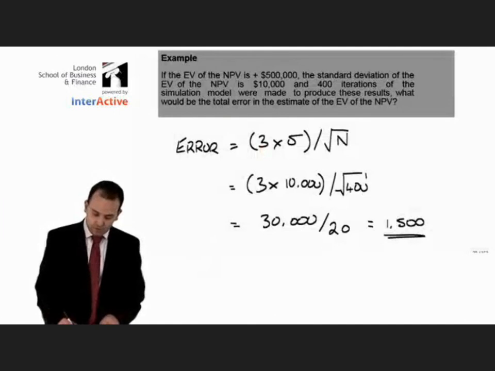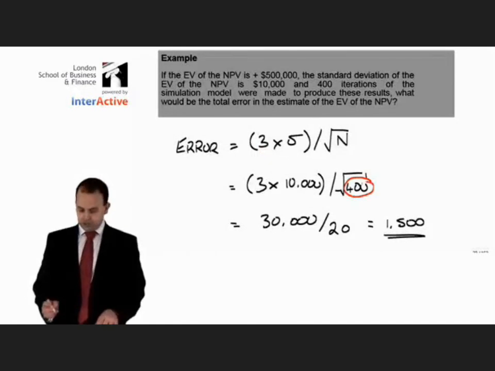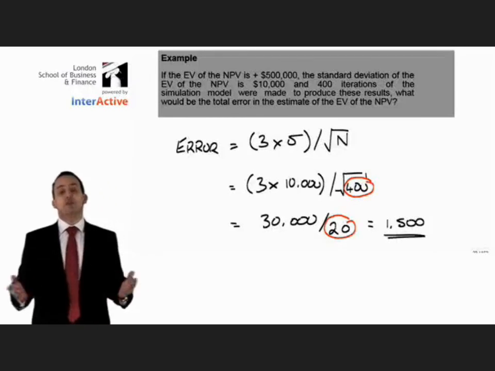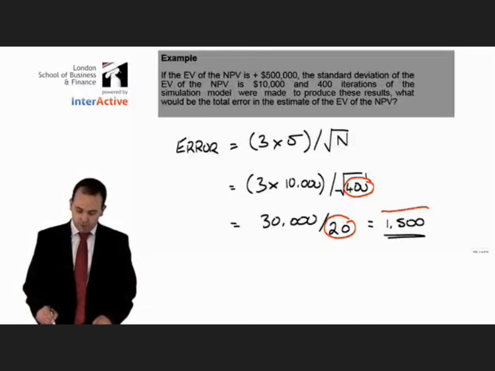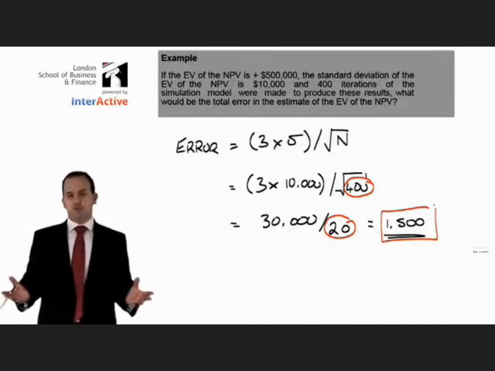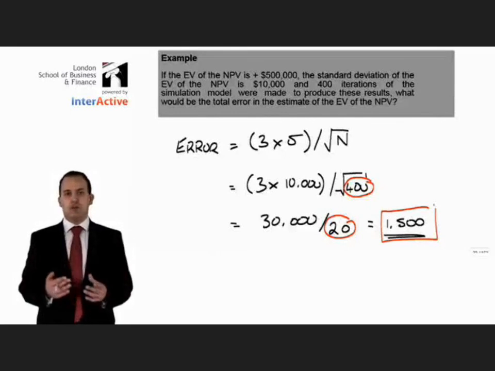And therefore, if we increased that number of iterations, the figure on the bottom of the calculation would get bigger and bigger and bigger, and therefore your total standard error would get smaller and smaller and smaller. So in simple terms, the more iterations you can do, the more examples that you can include, the more accurate our final results will be.